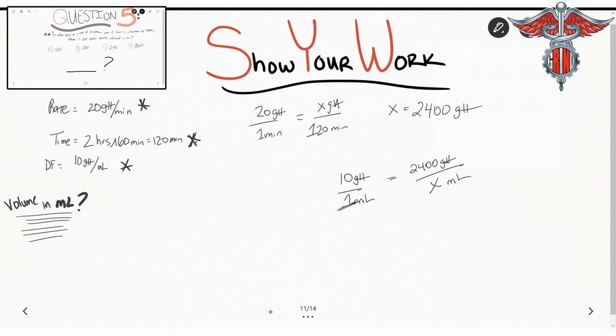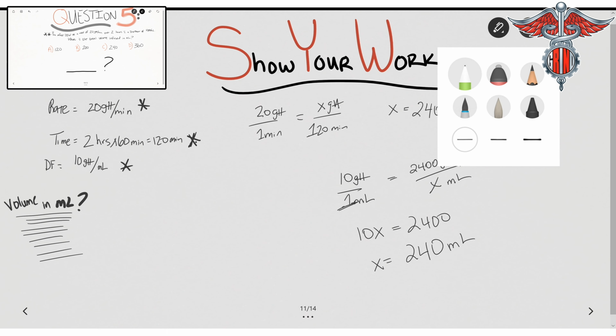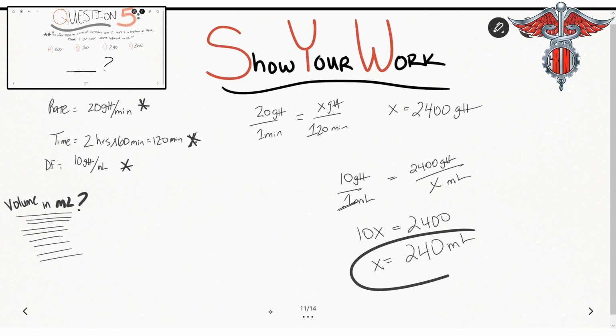Now we are set up perfectly to solve for our total volume infused. Let's finish out our simple cross multiplication. 10 times X equals 10X. 2,400 times 1 equals 2,400. X equals 240 total milliliters of volume infused on this patient.